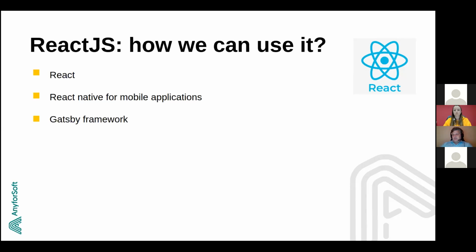And as usual, especially in my experience, these three types of libraries and frameworks could be used. It's React for desktop applications, React Native for mobile applications, and the newer thing called the Gatsby framework. It's a really useful thing.